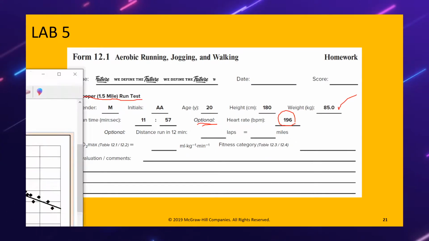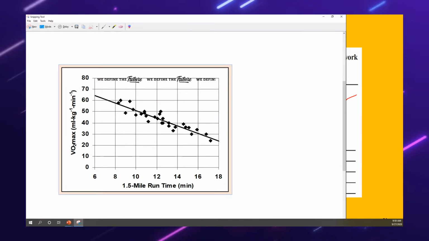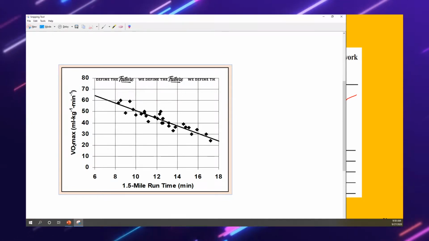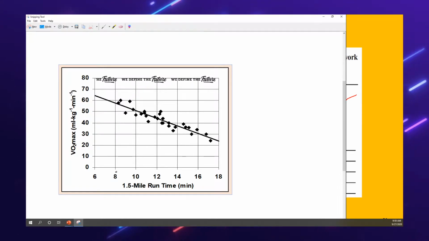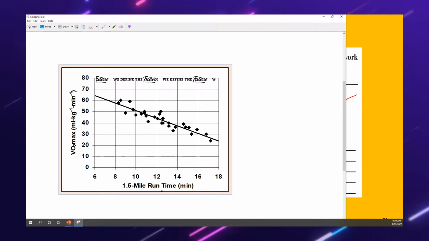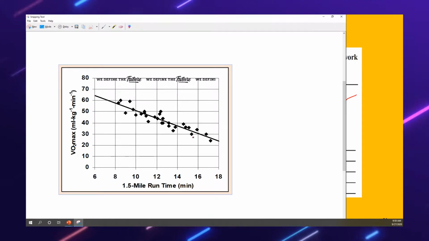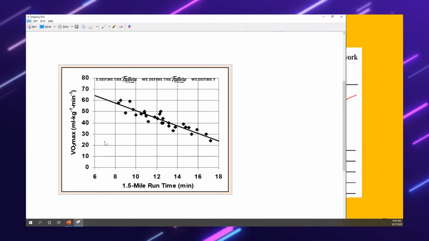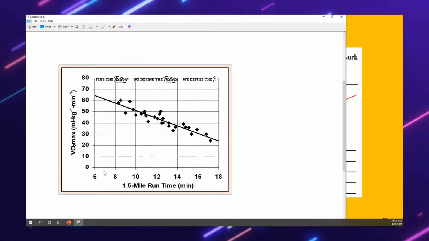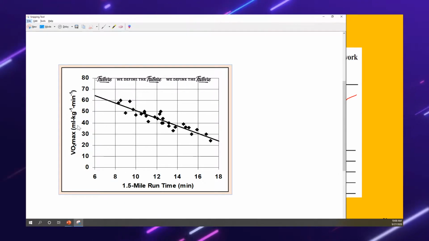When we're looking at this information, specifically the relationship between your VO2 max and your 1.5 mile run, it is a linear slope downwards. What this means is, depending on how fast you complete it, you'll have a higher reported VO2 max.